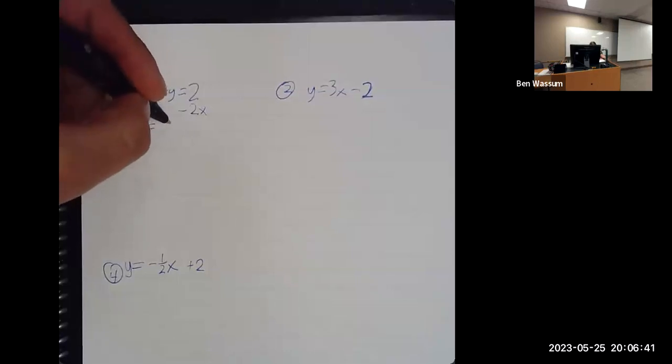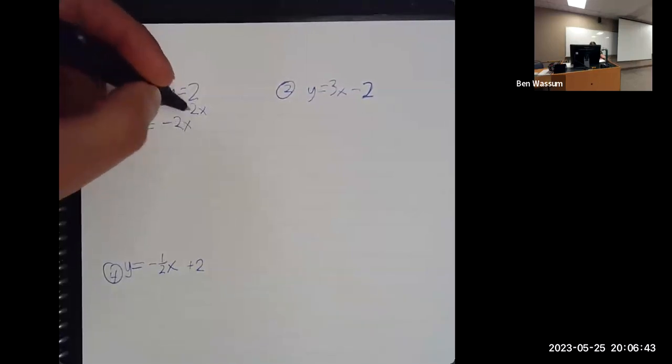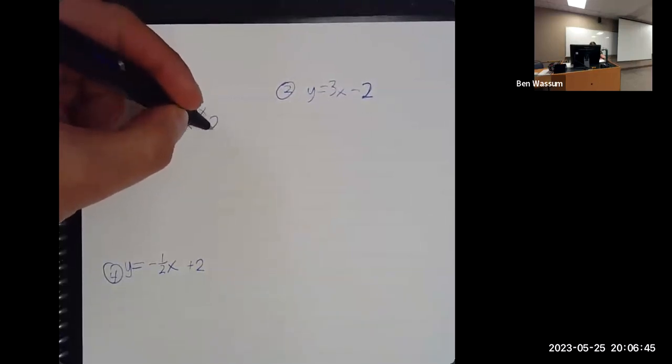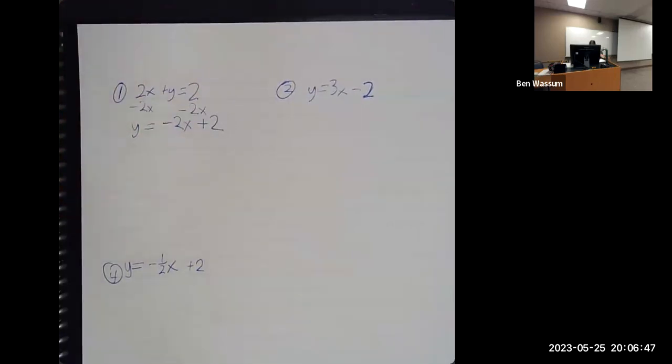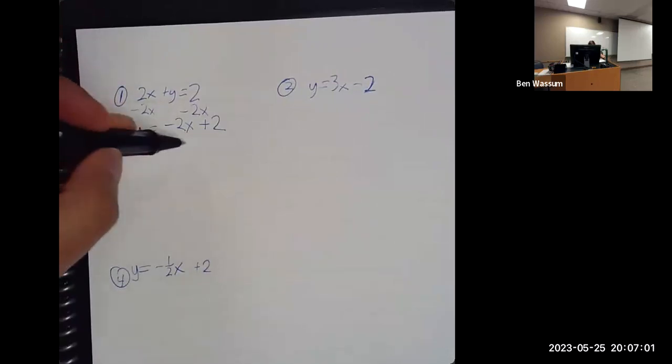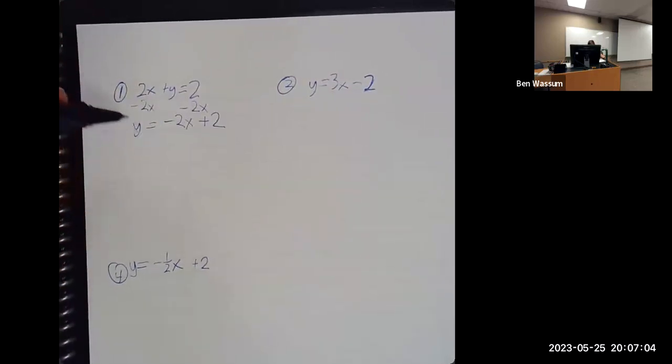You want to have that minus 2x part first. So minus 2x plus 2. And from here, this is where we're going to graph from.